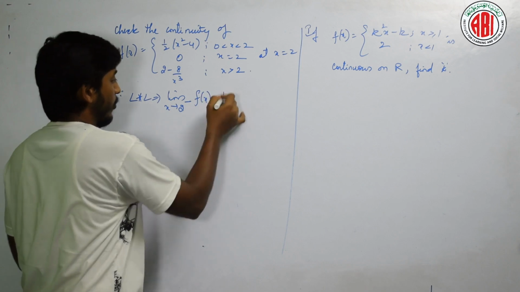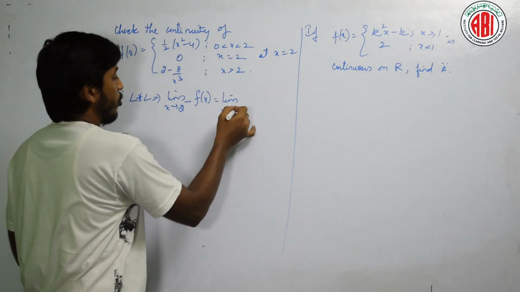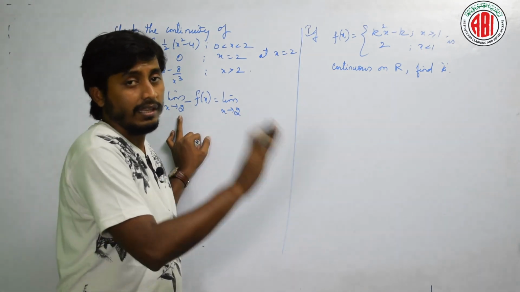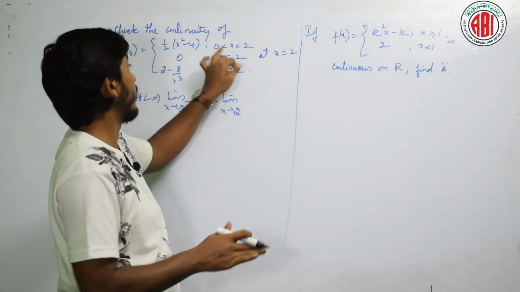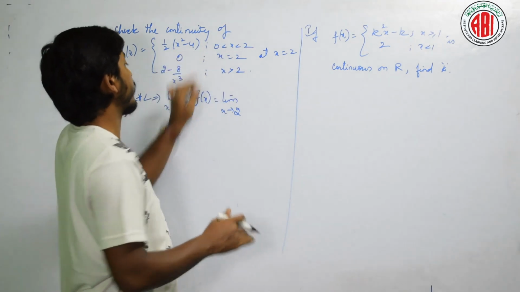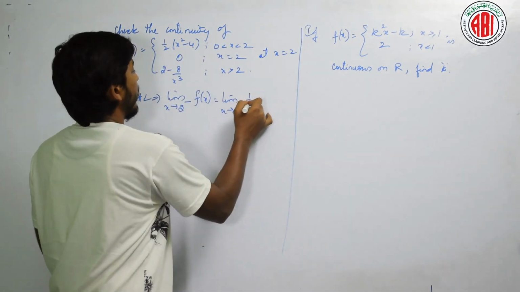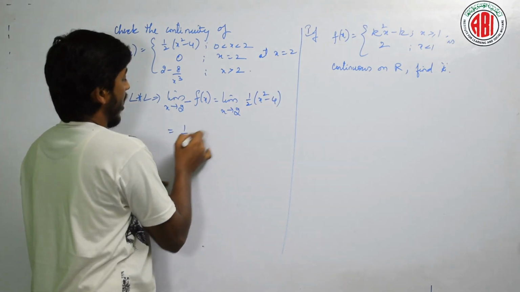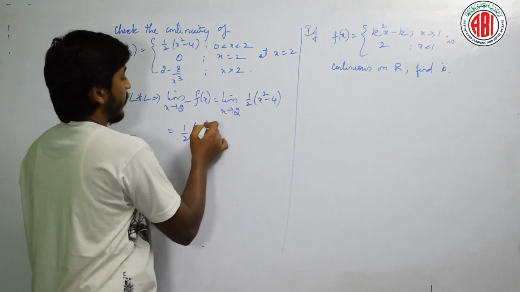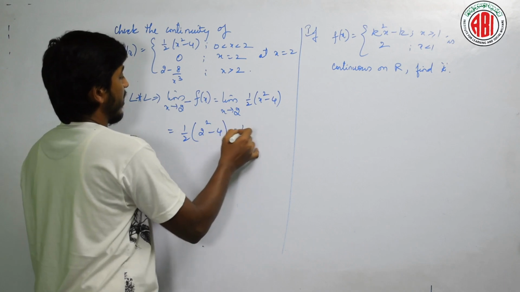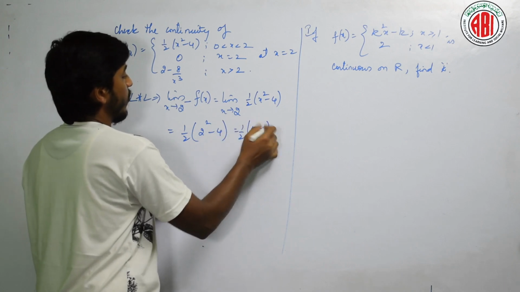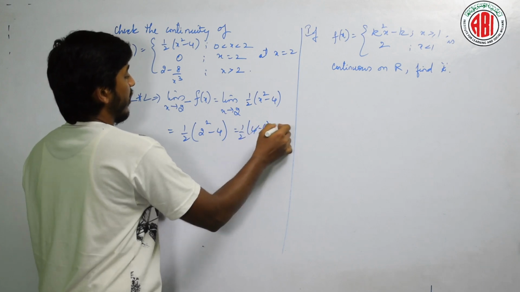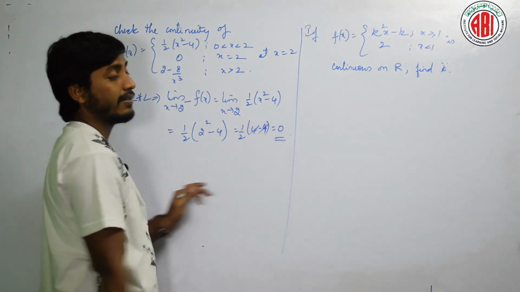For x tends to 2 negative, the value is less than 2. What is it? For x less than 2 it is half x square minus 4. The function will be half x square minus 4, that is equal to half into 2 square minus 4, that is half into 4 minus 4, and this will get cancelled, I will get LHL as 0.